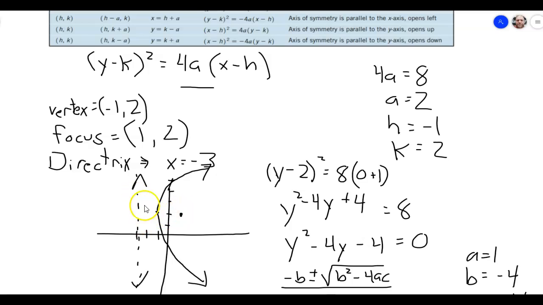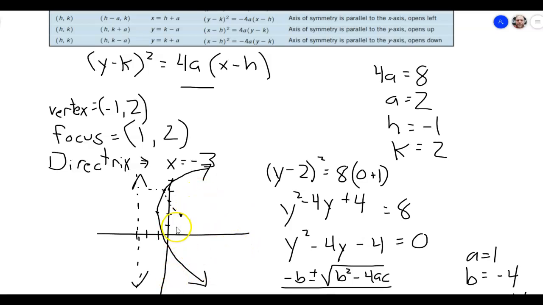The focus and the directrix give us our formal definition of a parabola. They don't really help us graph it when we're doing it by hand, unless you're using some kind of rulers or something. But if you take any point and you look at this distance to the directrix and this distance to the focus, these distances will be the same, and that's how we define a parabola.